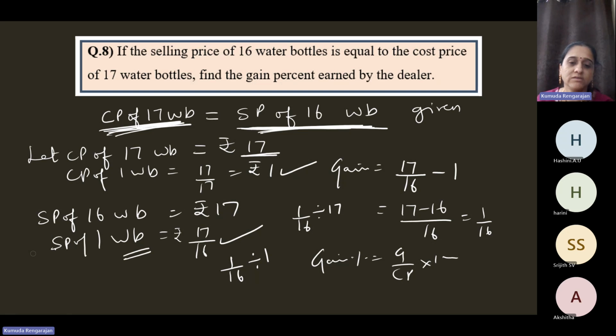What is 1 by 16? No, 1 by 16 is not the SP of one water bottle. It's a profit on selling one water bottle, divided by the CP of one water bottle. If you're writing the profit on selling one water bottle, in the denominator you must write the CP of one water bottle. What's the CP of one water bottle? 1 rupee, into 100.